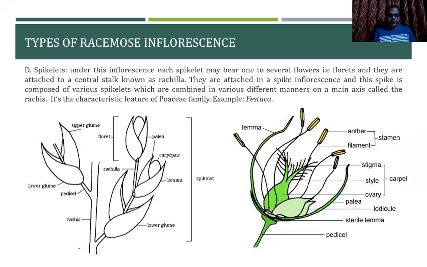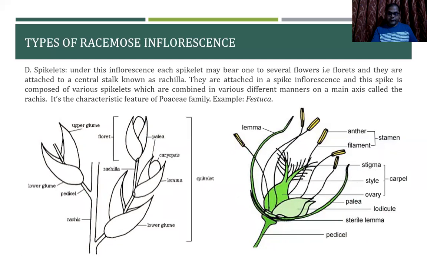We have got the glumes, and then we have the reduced perianth, which is called the lodicules. The perianth has been reduced here. This is called the lodicule, and it is surrounded by two structures. The top one is known as the lemma, and this is the fertile bract.